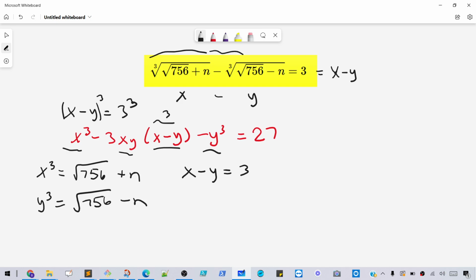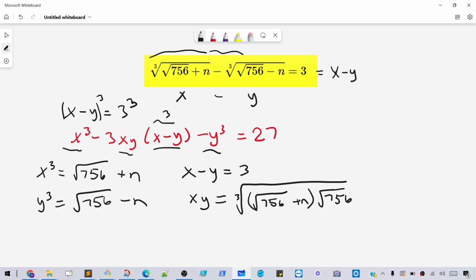The last one I need is xy. We multiply these two terms, and we can keep it all under the cube root. If we're multiplying two cube roots, we preserve the cube root and multiply what's inside: the square root of 756 plus n times the square root of 756 minus n.